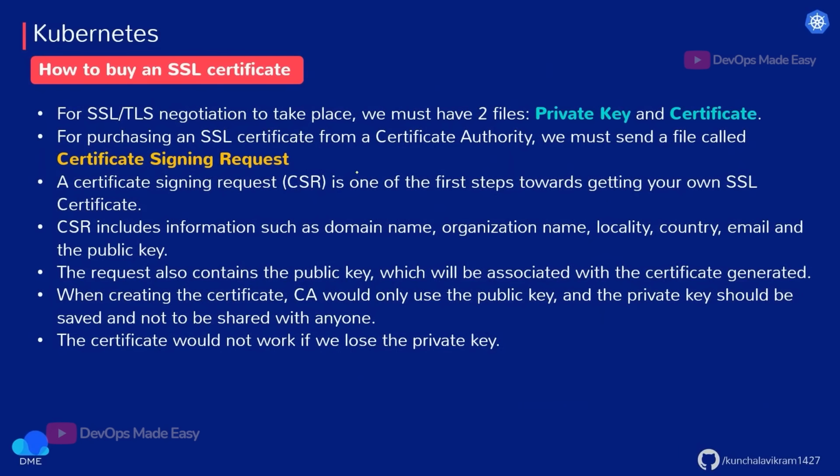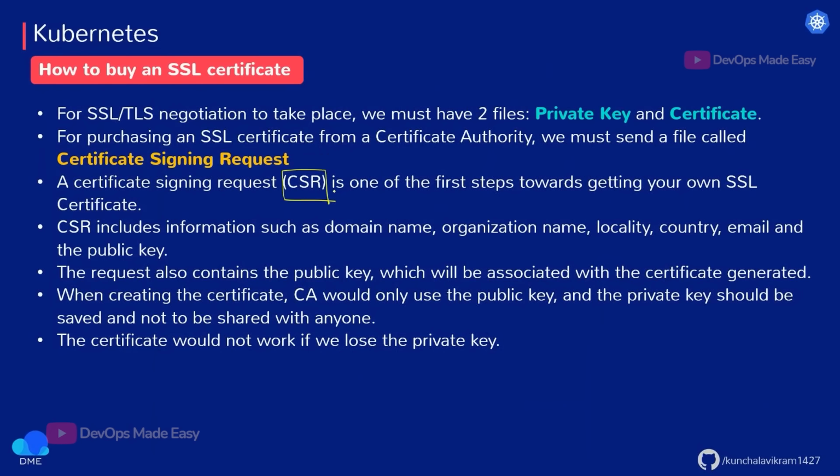So it needs a lot of information, and I cannot send them separately. So there is a standard method of obtaining a certificate. It is through a CSR. So one CSR, that is the request, is sent to the CA.